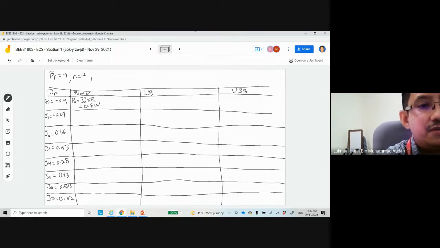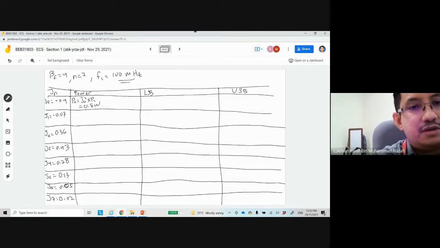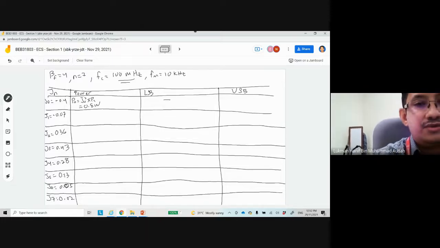Center frequency FC is equal to 100 megahertz. So FM, how much is FM? FM is equal to 10K. So this is the center, so there's no sideband.